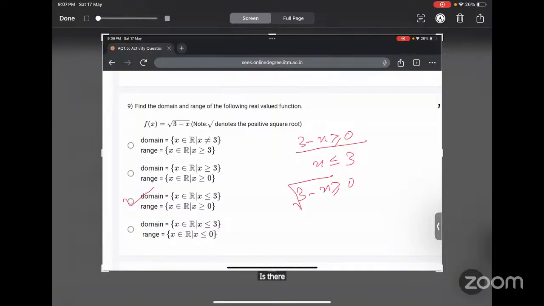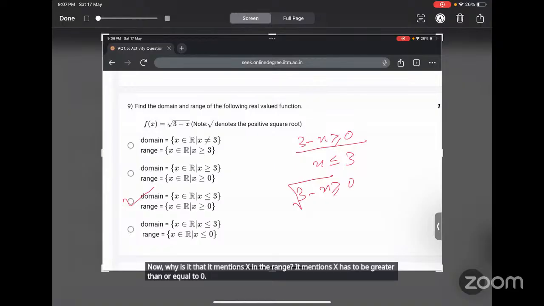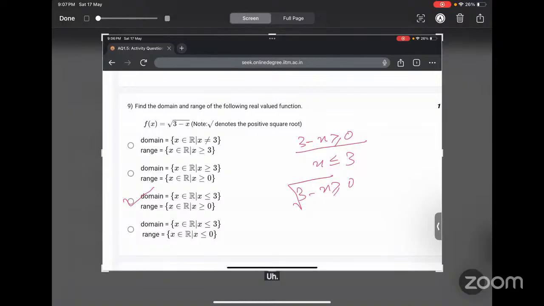Is there any doubt here? Why does it mention x in the range? It mentions x has to be greater than or equal to 0. For any x satisfying this, this is the functional value, right? That means f(x) is greater than or equal to 0.